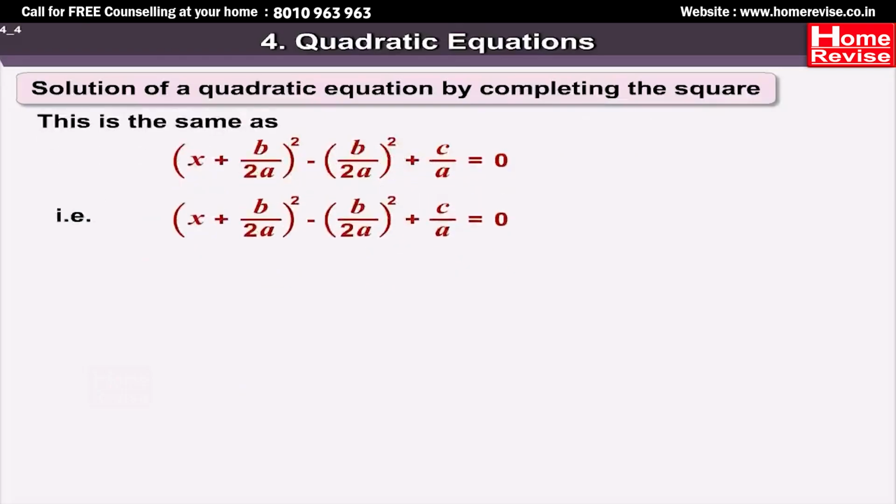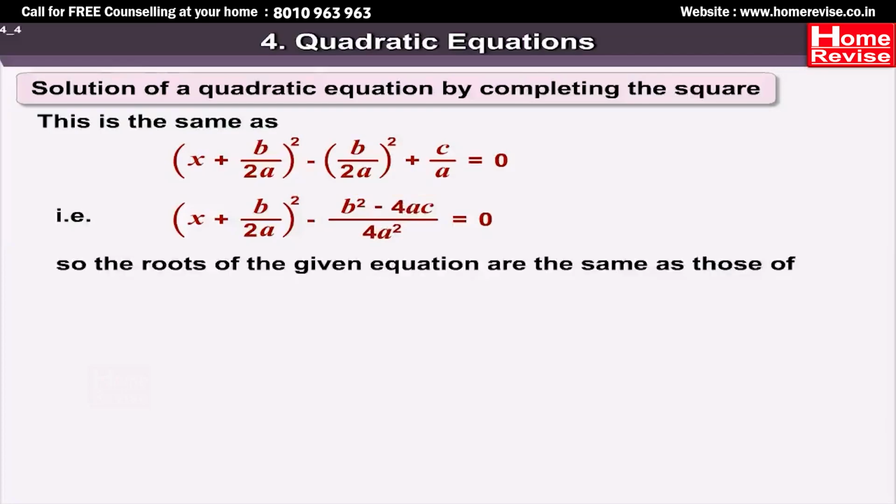That is, (x plus b upon 2a) the whole squared minus b squared upon 4a squared plus c upon a is equal to 0. So (x plus b upon 2a) the whole squared minus (b squared minus 4ac) upon 4a squared is equal to 0.